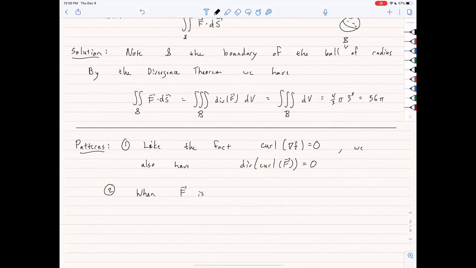F is conservative. We saw that the integral of F dot ds over a curve is path independent, meaning it only depends on the endpoints.